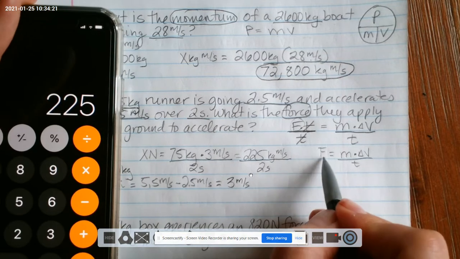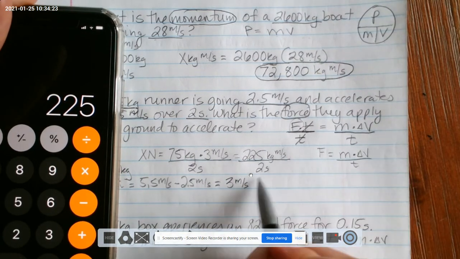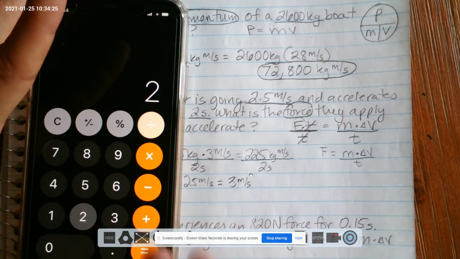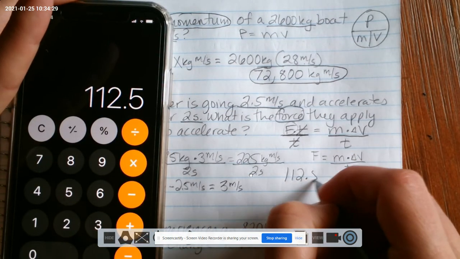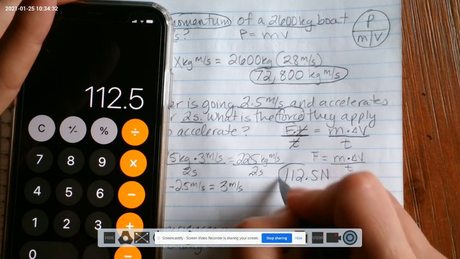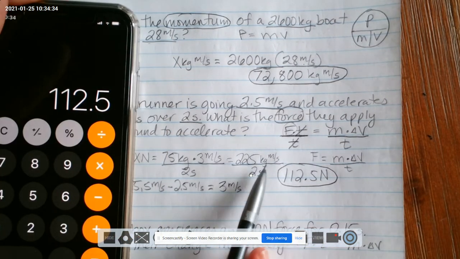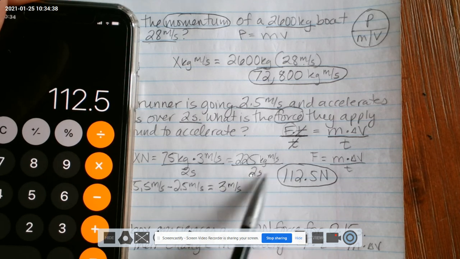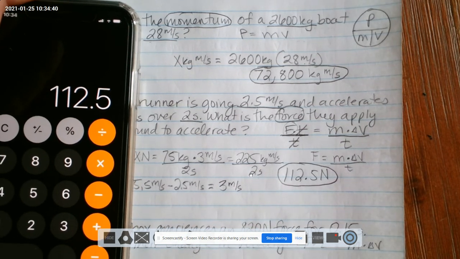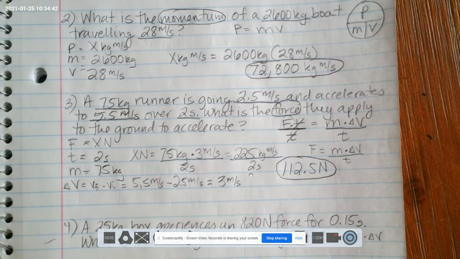That's going to give us a force. So let's go ahead and divide that by 2. And we get 112, I'm running out of room, 0.5 newtons. So remember, kilograms meters per second divided by another second is kilograms meters per second squared, which is a Newton.